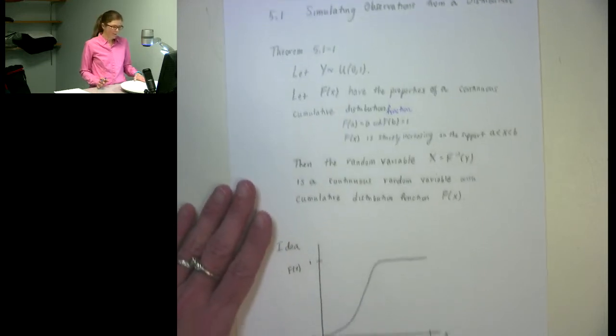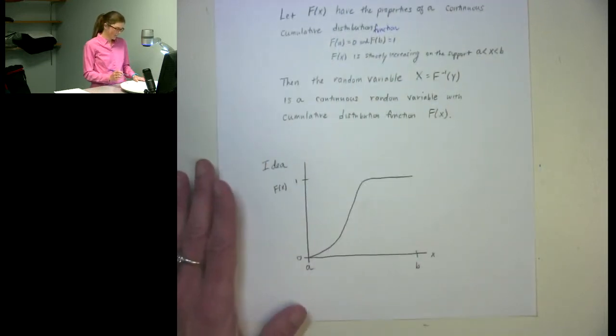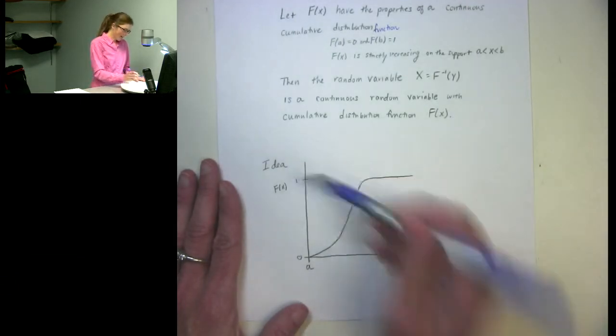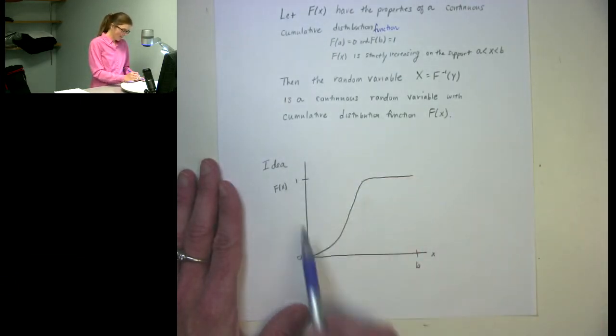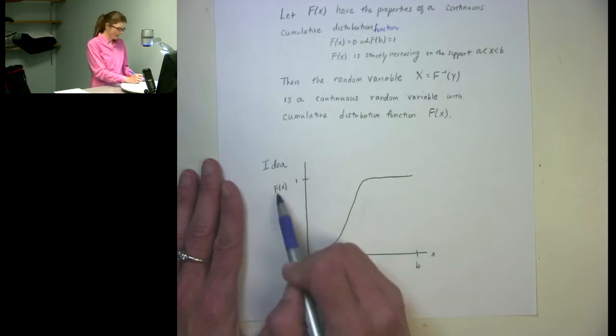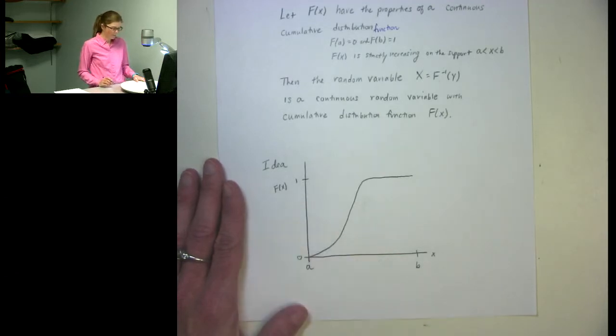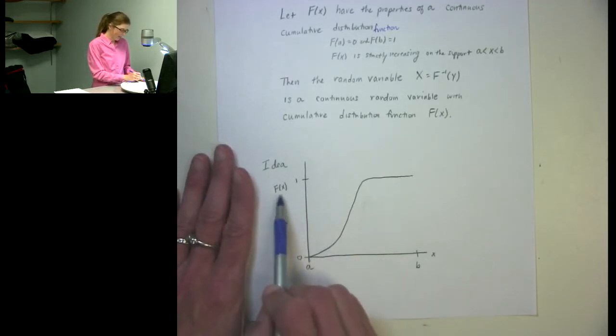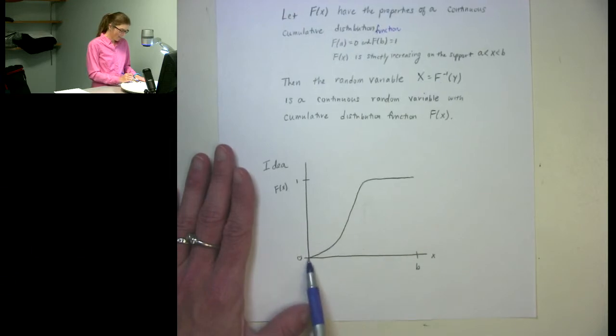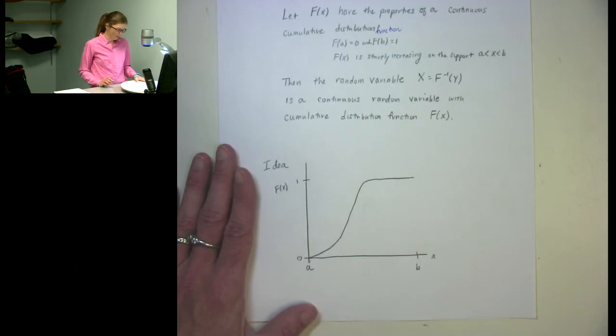And I just want to talk a little bit about the idea behind doing that first. So here we have x and F of x, and this is our cumulative distribution function, capital F of x, a monotone increasing function between 0 and 1 on this interval.